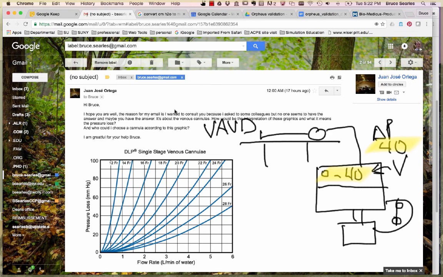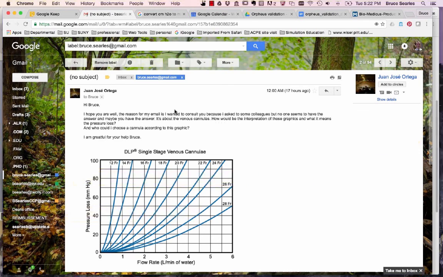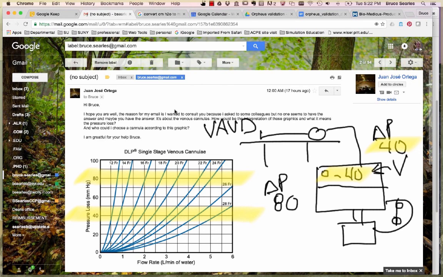So together, the two of them now give us a delta P of about 80 millimeters of mercury, and we could read this chart as high as that with our most aggressive vacuum assist, knowing that we get 40 just by gravity.